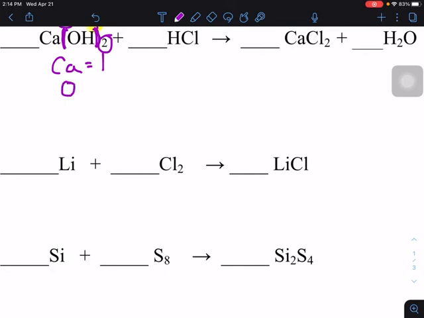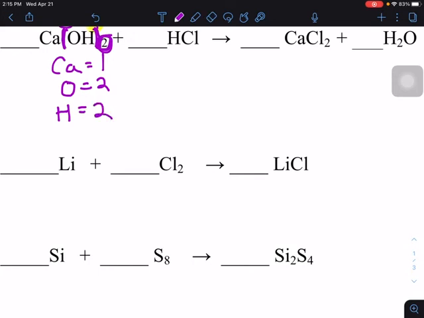So we have oxygen, 2 times, there's no subscript on the O, so that's a 1. That gives us 2 oxygen. And we've got hydrogen. This subscript here, again, the 2 applies to the hydrogen as well. So we've got 2 times 1 gives us 2 hydrogen.